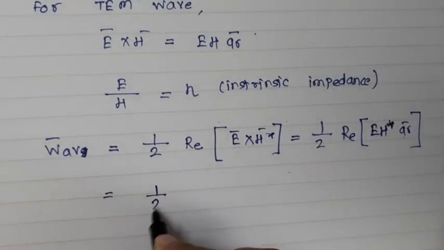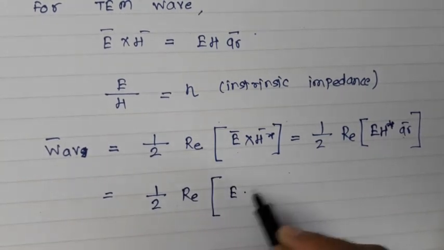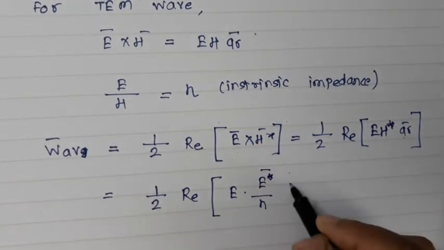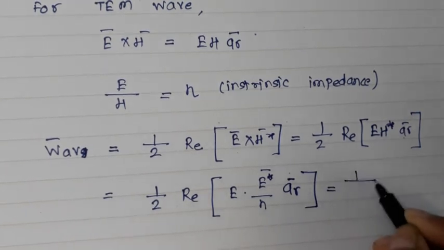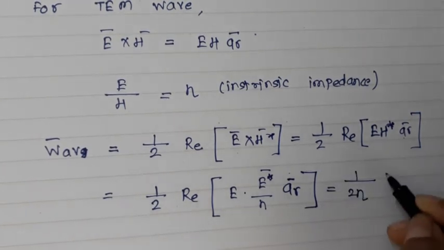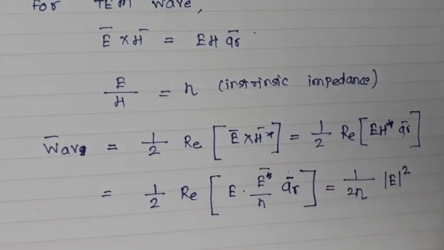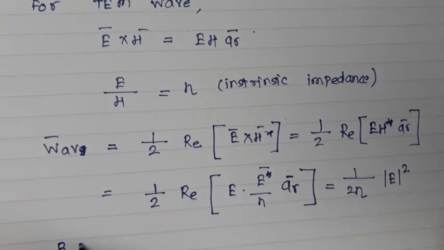Again rearranging, I put E by eta in place of H, and a_r is the unit vector along the r direction. This will become 1 by 2 eta mod E square. In the above step we use the fact that E times E complex conjugate is the mod of E square, which is real.